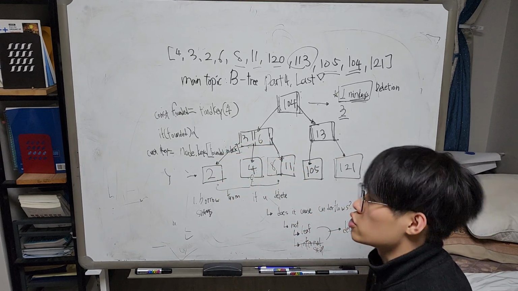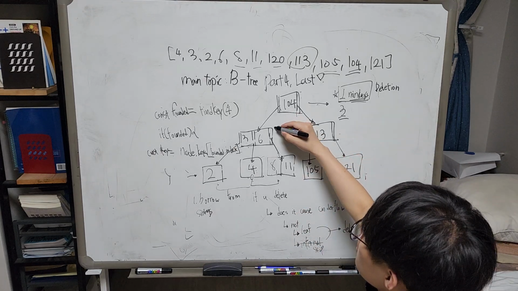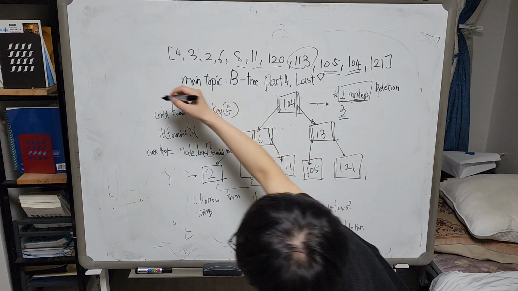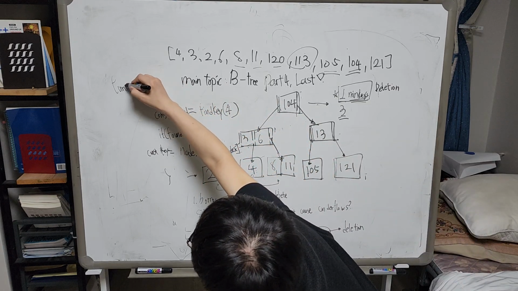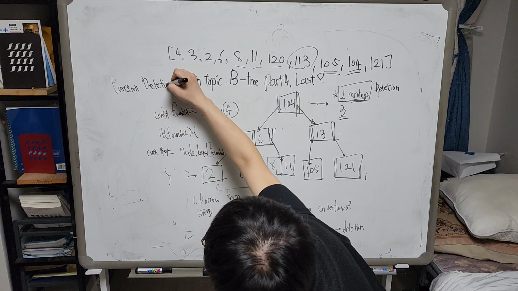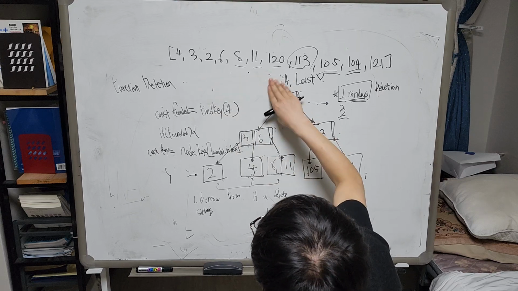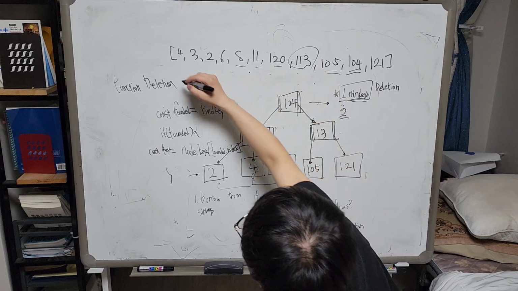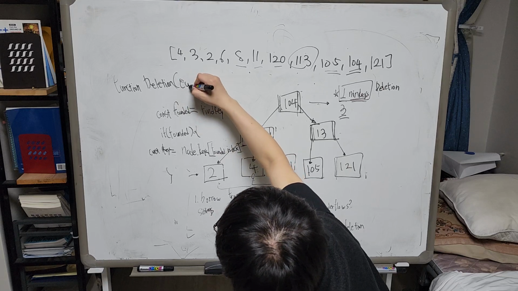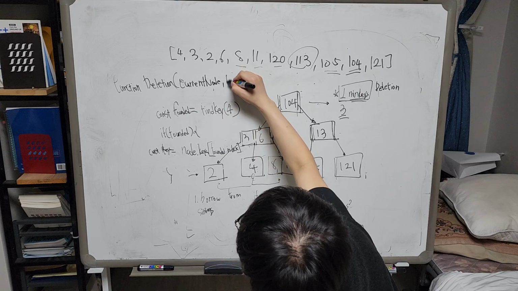So my approach was sending the parent node here. For example, if I'm explaining the code, there's a function deletion, which takes the page, the current node, and the parent node.